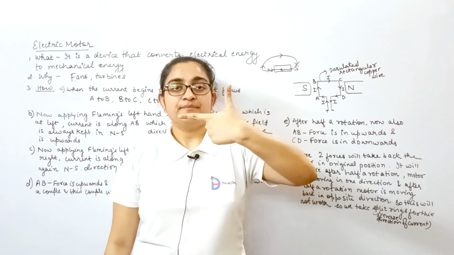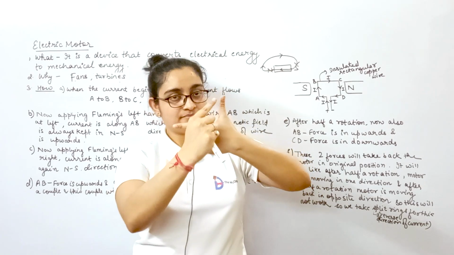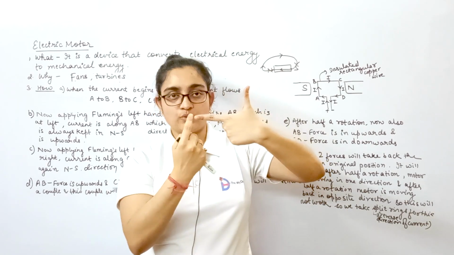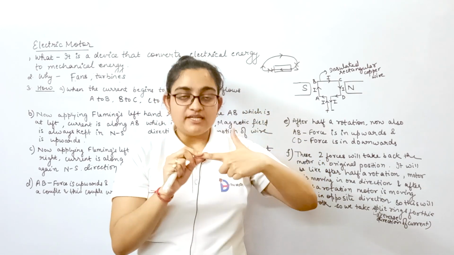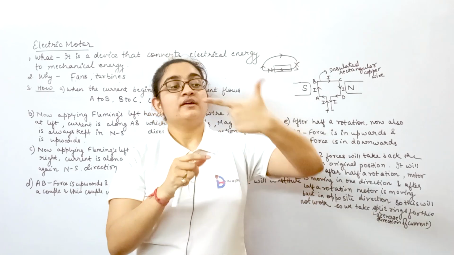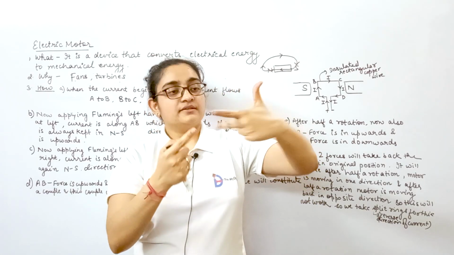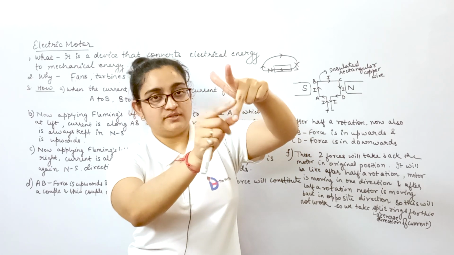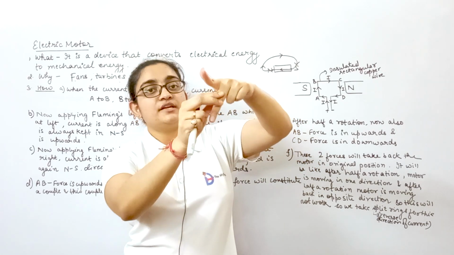So now tell me, the force is upwards. See, north to south, this is the magnetic field. This forefinger indicates the magnetic field. The middle finger is for current.